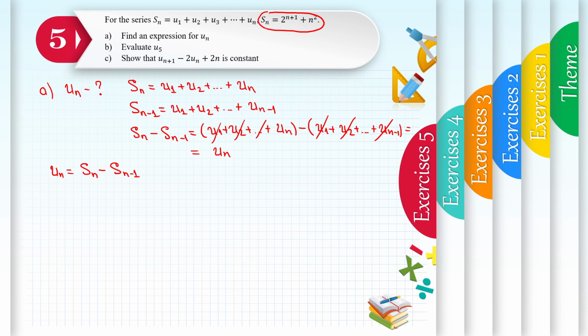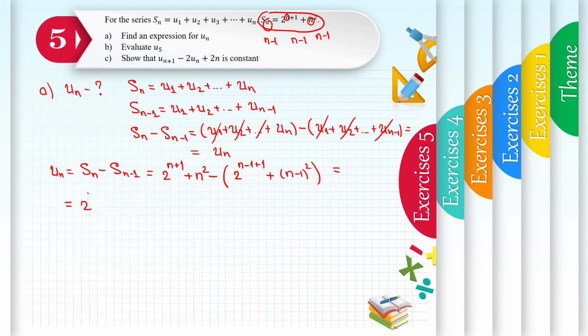And the idea is the following. For finding Sn minus 1, we have to replace n with n minus 1, and this n with n minus 1, and this n with n minus 1. So, in fact, Sn is equal to 2 to power n plus 1 plus n squared, and Sn minus 1 is 2 to power n minus 1 plus 1 plus n minus 1 squared.